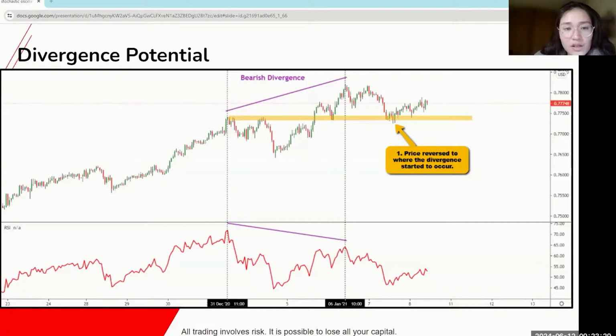Okay, so that's why we always say not to use any one specific method, like your divergences that we've been going through, or one specific indicator like your RSIs.